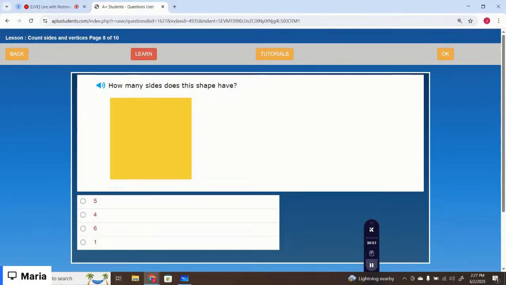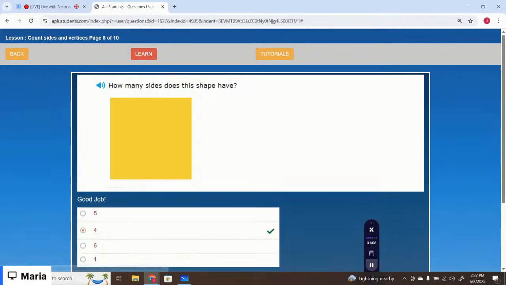How many sides does this shape have? That is a four-sided shape. Option number two is the correct option.